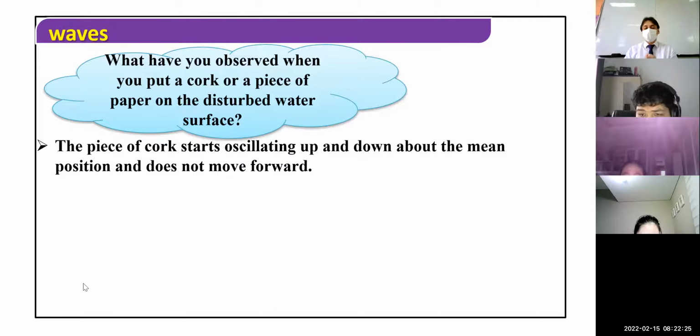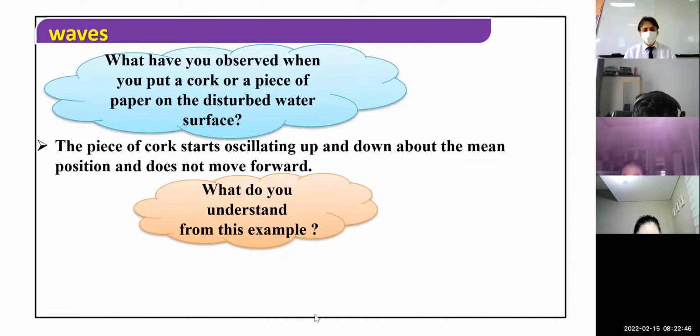So basically, a wave carries energy from one point to another point, children. Here the disturbance is moving, waves are moving, energy is moving from one point to another point. Please remember it.